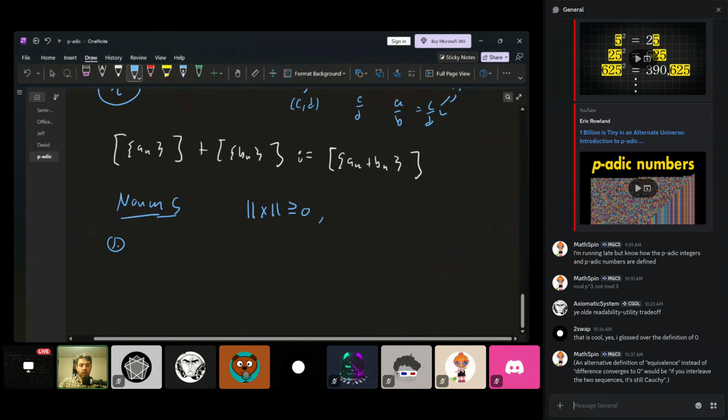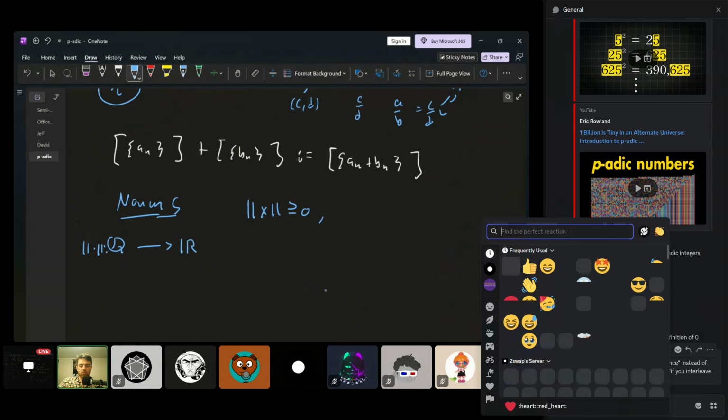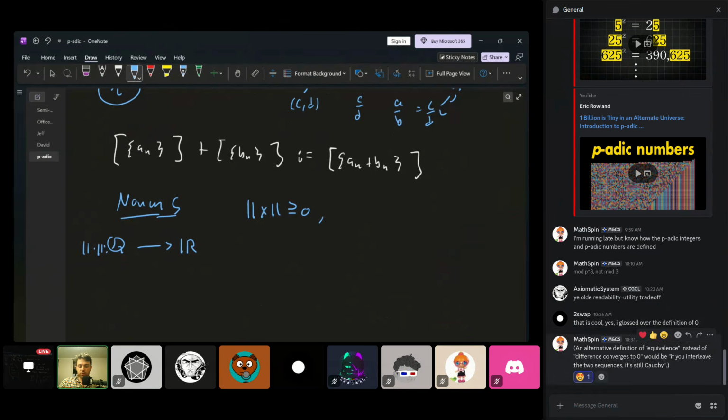Let's take it as a function from the rationals. I could say into the rationals, but I'm going to let it go into the reals. It looks like there was a message about an alternative something; maybe I'll look at that after. So a norm from the rational numbers to the reals.